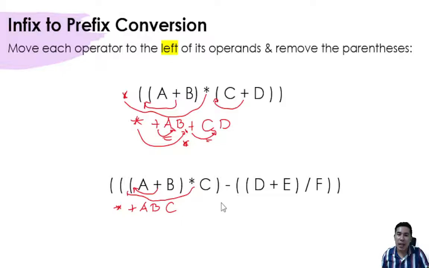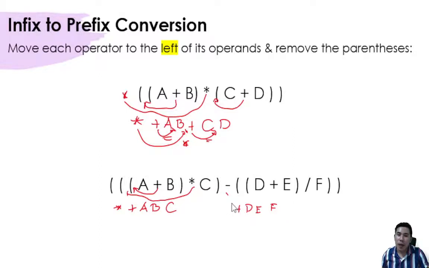After that, let's skip this one for now and move to the right expression. So we have plus D E, then you have the F. And then it says it is going to be divided.